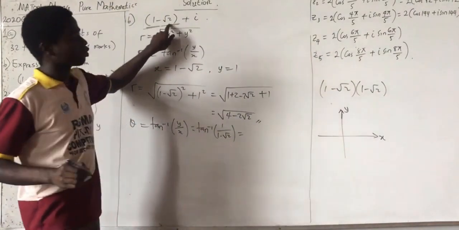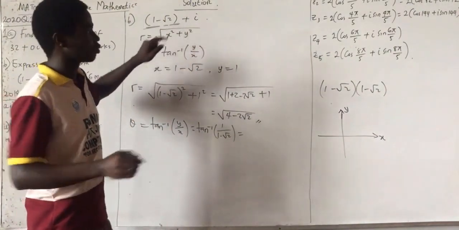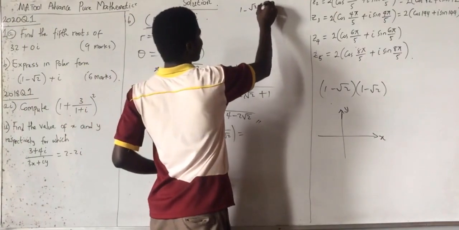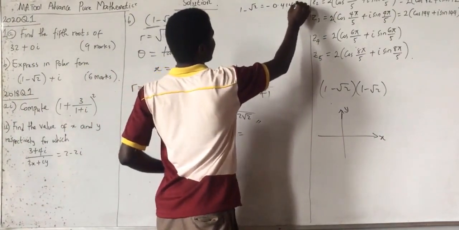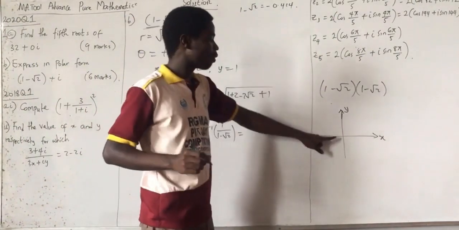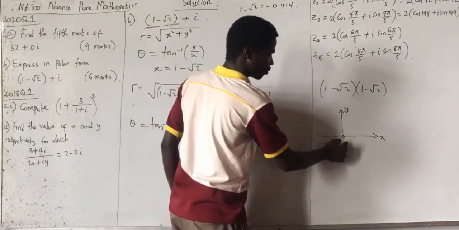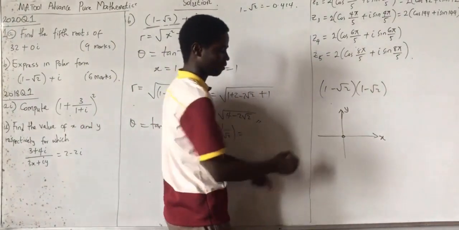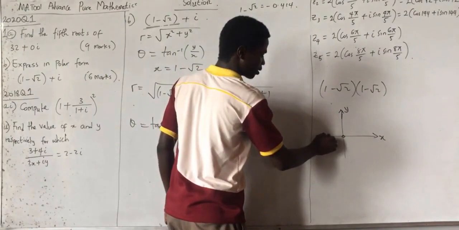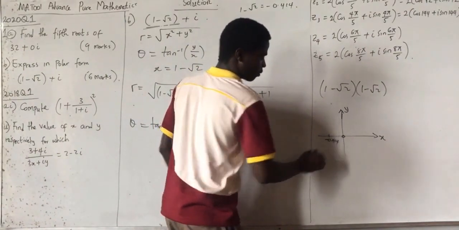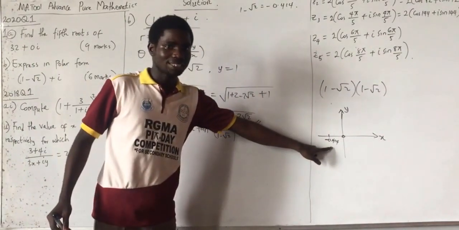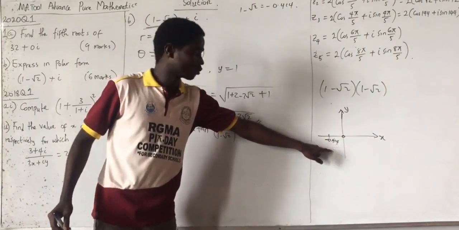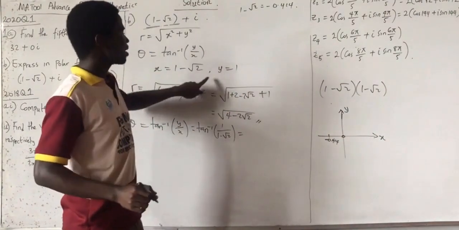Now, 1 minus root 2 on the calculator is minus 0.414. This is the origin, 0. Here is positive x, here is negative x. So minus 0.414 falls here. And y is 1.